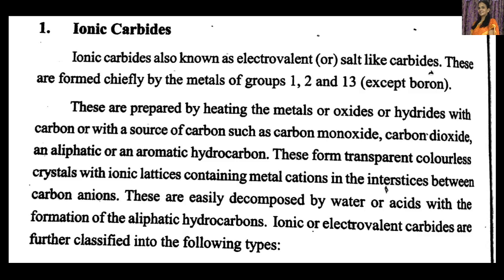Ionic carbides. Let's see how they are prepared. They are prepared by heating the metals or oxides or hydroxides with carbon, directly with carbon or with a source of carbon such as carbon monoxide, carbon dioxide, or aliphatic or aromatic hydrocarbons.